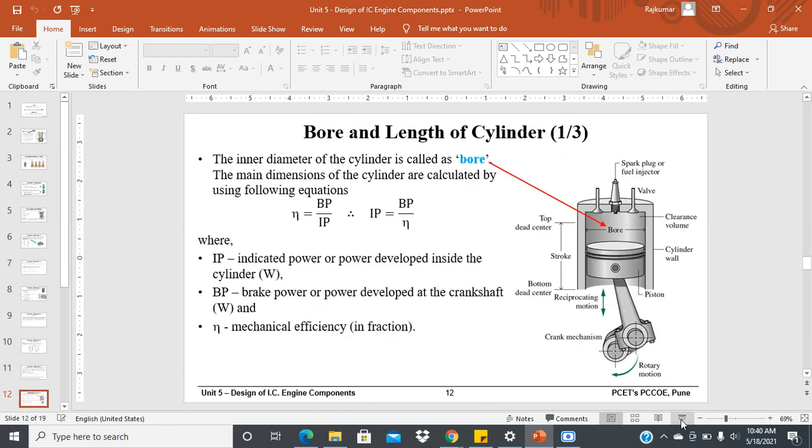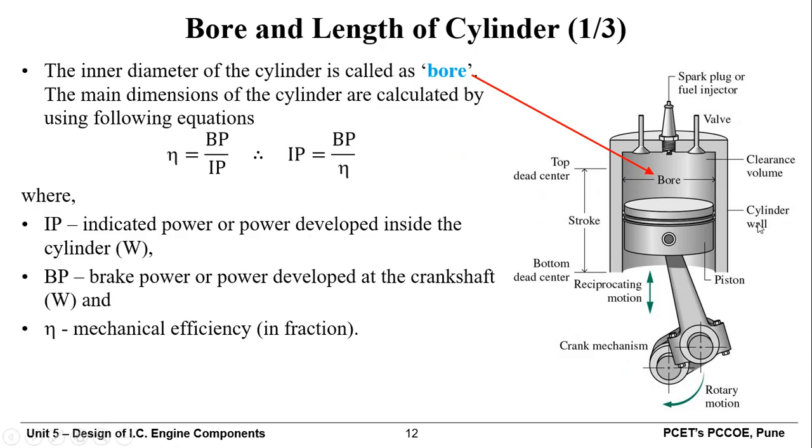Now, slowly we are entering into the design part of the cylinder. In the figure you can see the basic structure of the cylinder. Designing means, generally, we consider different parameters, we consider the operating conditions, and we find out the dimensions of the cylinder.